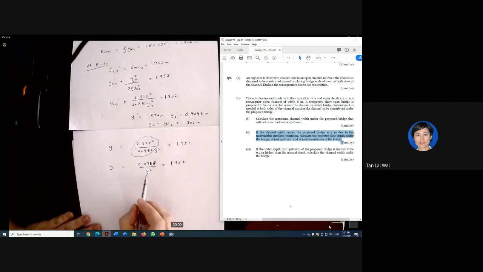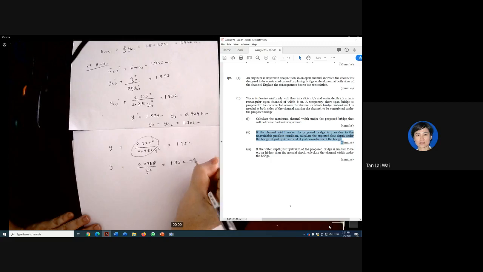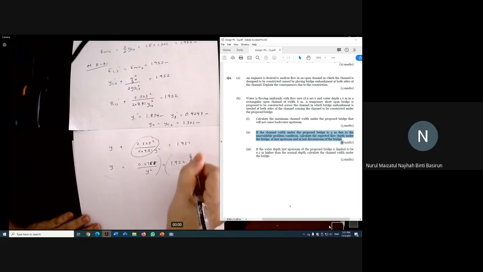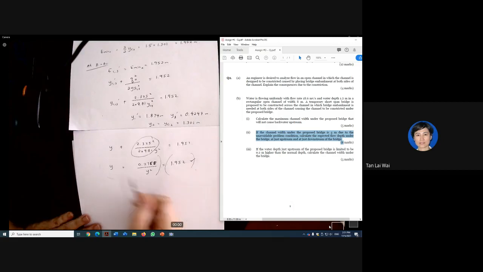Okay, so like the YouTube video, you have to write this in terms of y to the cubic power. That means you multiply both sides with y squared. We multiply both sides with y squared, you are going to get y cubed plus 0.2755 equals 1.952y squared.